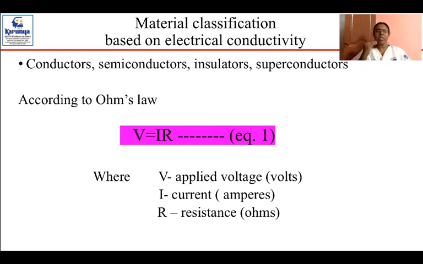Prominently, you can classify them as conductors, semiconductors, insulators, and of course, lately, superconductors. Now, coming to your basics, that is Ohm's law, V = IR. V is the applied voltage, which is nothing but the product of the current multiplied by the resistance offered by the material.